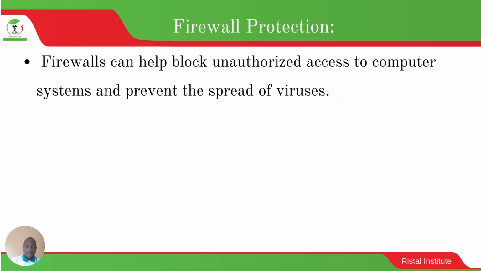So that is like denying access to computer systems. Often the people who send viruses to our computers are far away from us. So it's like creating a fence so that people cannot access computer systems.